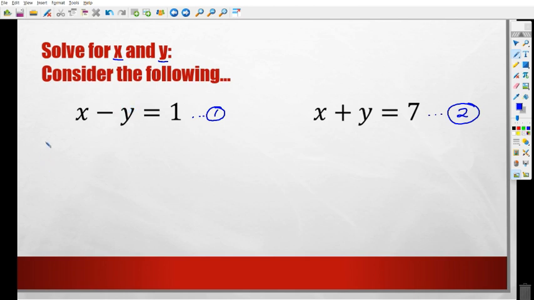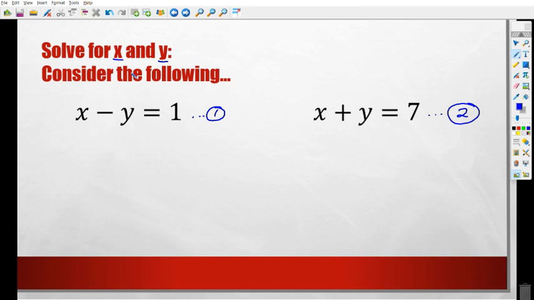All right. The first thing I want to do is get something in terms of x. Remember when we were doing literal equations, what were we doing there? We were making something the subject of the formula. That's exactly what we're going to do here. That's why we were doing those, because it's going to help us now with simultaneous equations.